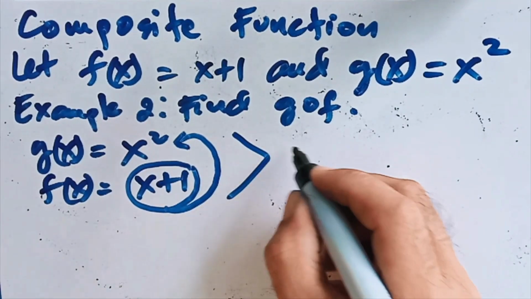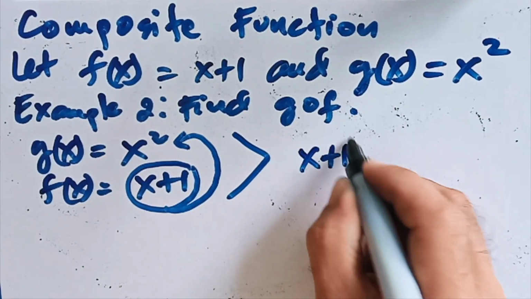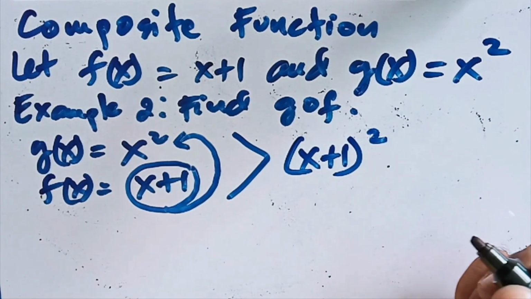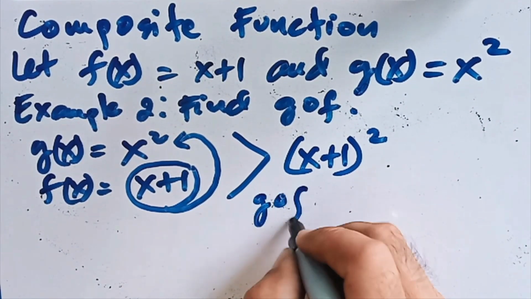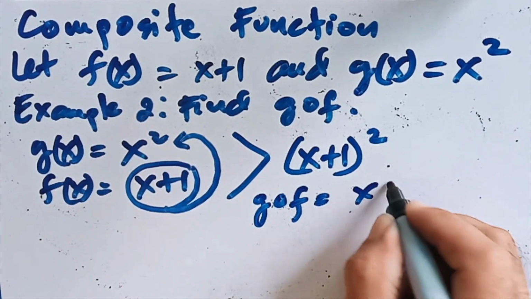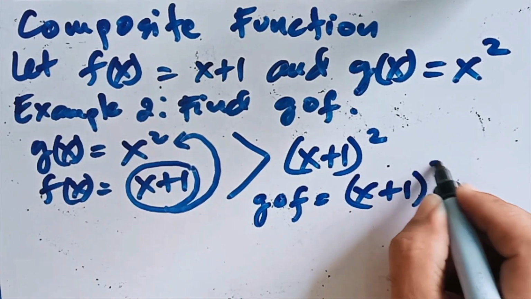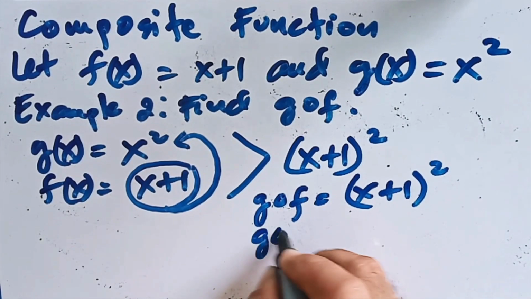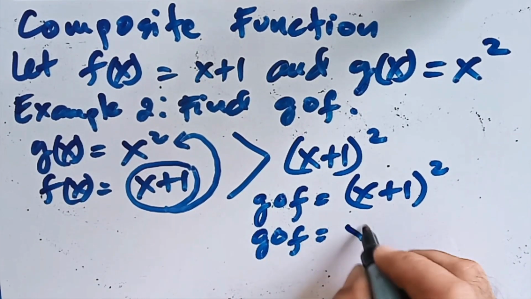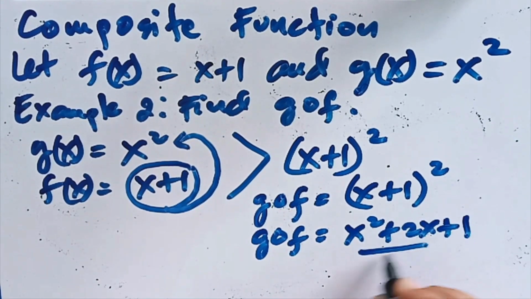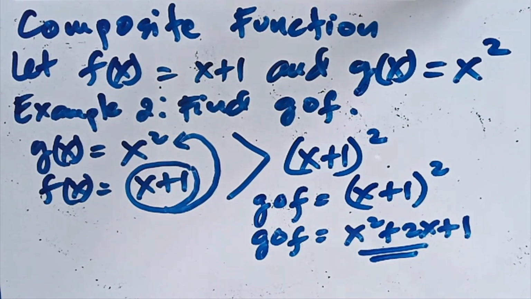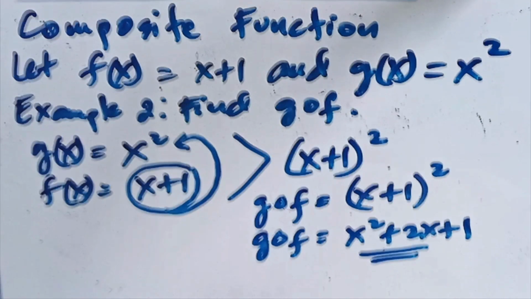So you input the value of f of x to the output and that will give you x plus 1 quantity squared. So the function g of f is equal to x plus 1 squared, or x squared plus 2x plus 1 if you multiply x plus 1 quantity twice.